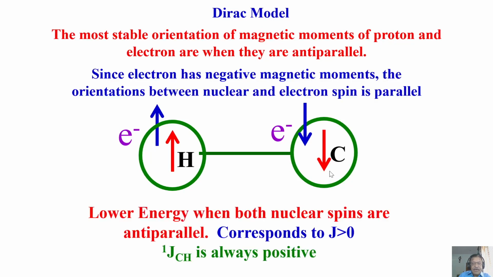As a consequence, this is a lower energy state and stable, and it corresponds to the J coupling being greater than 0. That means 1JCH is always positive.